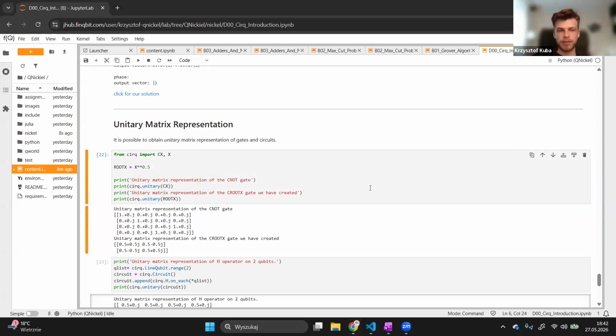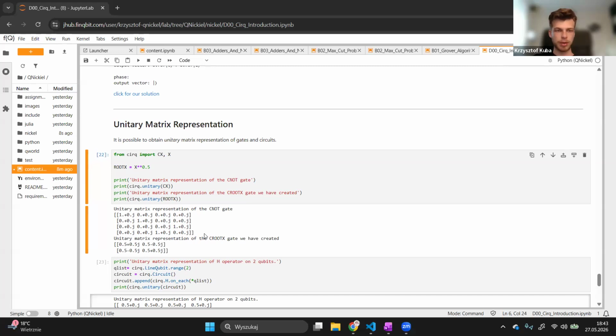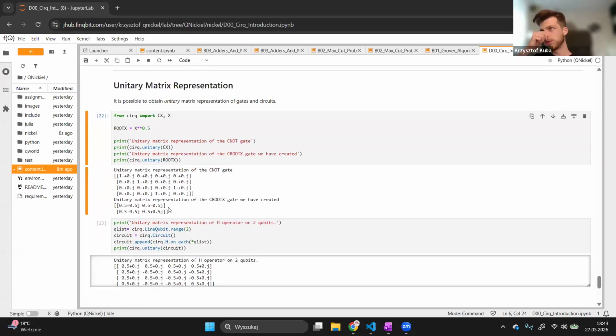I assume that you're familiar with those matrix representations. If not, you can write in chat and I will try to explain how those matrix representations of gates work, and likewise how to multiply the states. Is it familiar for you or not really? Yeah, I guess so. Okay.